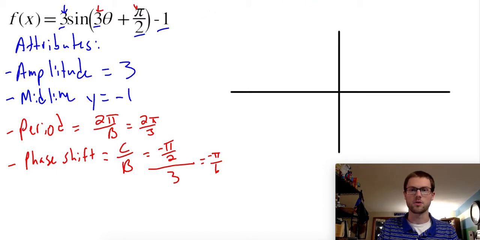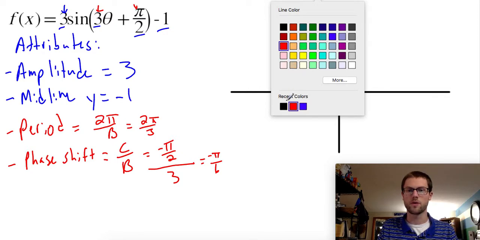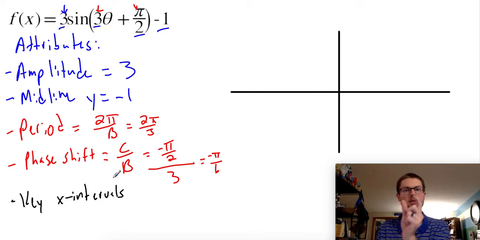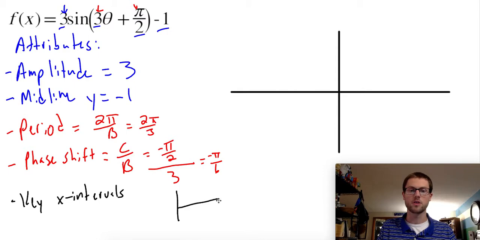The last thing I want to do is keep track of my key values, I like to call them, the key x intervals. Basically I'm trying to calculate the spacing between each of my key values. Remember, the original sine curve starts at 0, and it goes up to 1, and then the middle, and then the min, and then the middle, and it looks something like this.